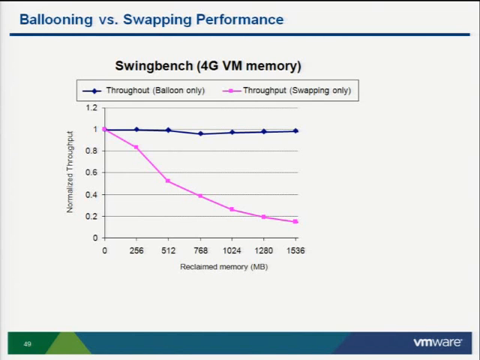You can clearly see that with ballooning we stay pretty close to the same performance as no memory reclamation. But with swapping, it goes downhill pretty quickly. And why is that? Because swapping is randomly choosing memory, and a lot of times it happens to choose memory that the VM's actively using. That means the VM has to wait for that swap out, and then wait for it to get swapped back in, wait for your disk to do all its I/O, and that's going to hurt performance.